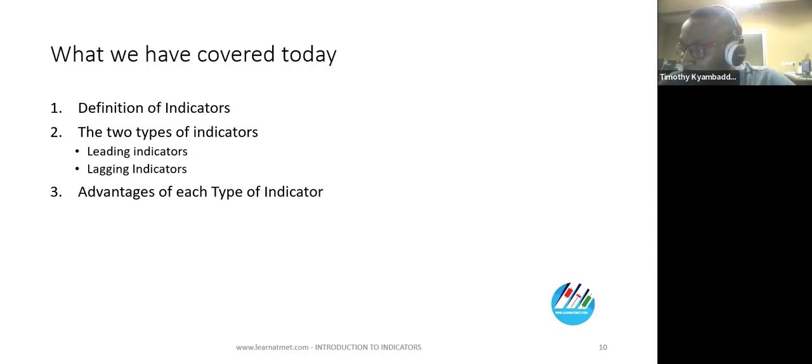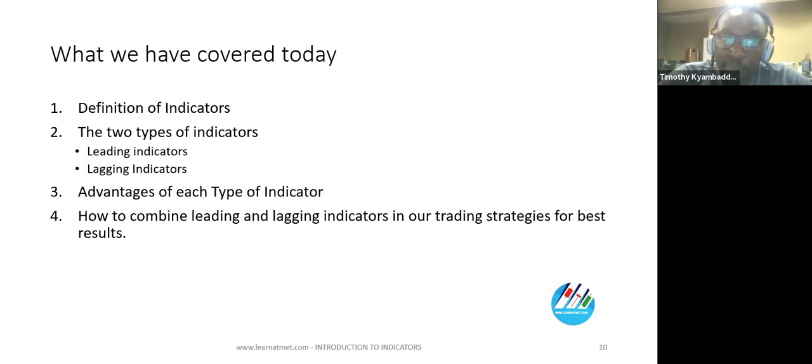However, their disadvantage is that they're usually late, so by the time they give us the signal, a lot of the move has already happened that we could have profited from. So each type of indicator has its advantages and disadvantages. Next, we've seen how we can combine the leading and lagging indicators, and we shall look at this a bit practically. But we've said that both need to be used together in tandem to give us good trading strategies for best results.